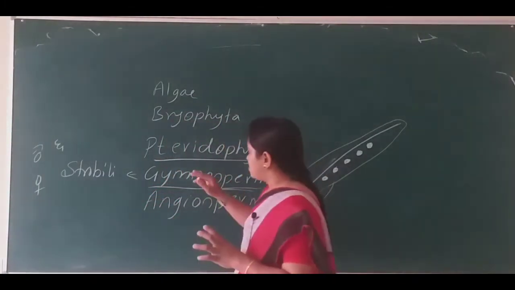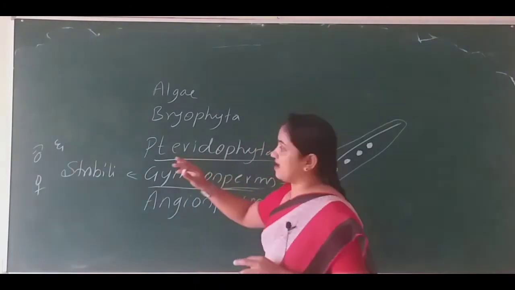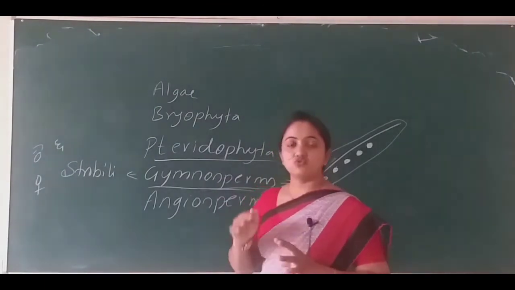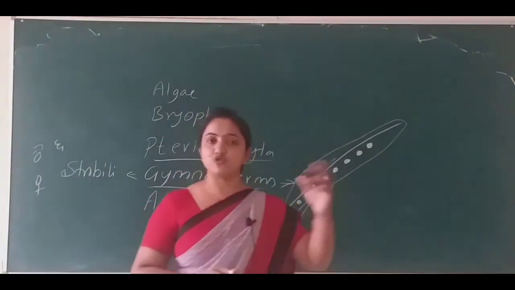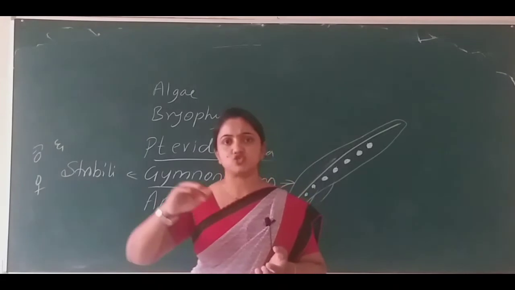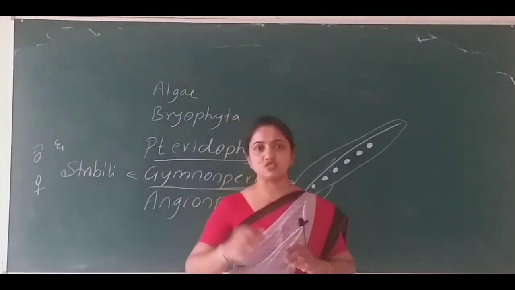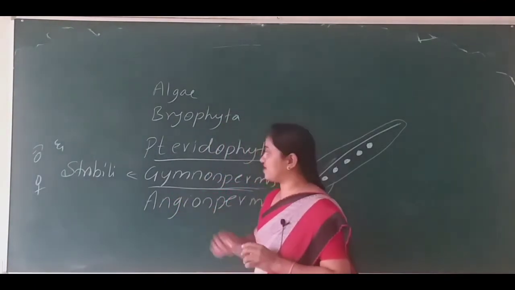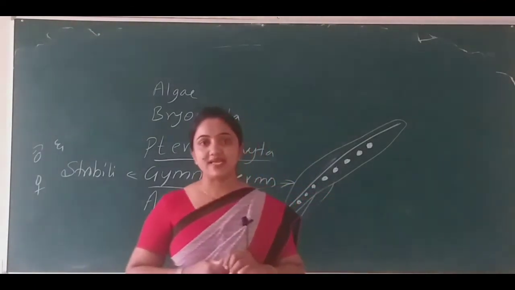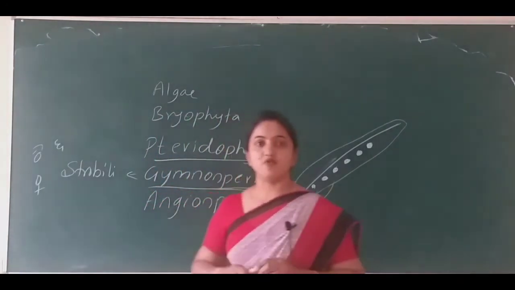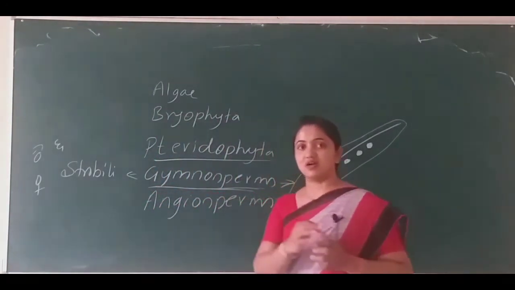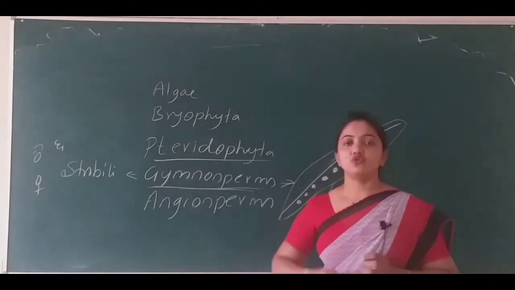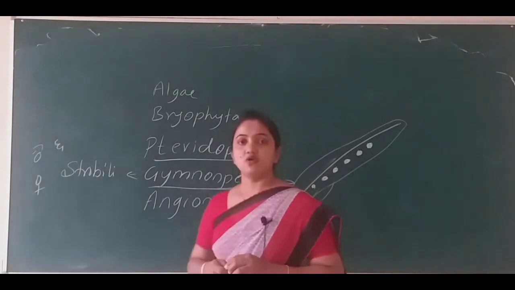So gymnosperms have a special structure known as strobili. The male strobili produce male spores or male gametes, and the female strobili produce female spores or female gametes. Through pollination, fertilization occurs, and then one more new gymnosperm grows.